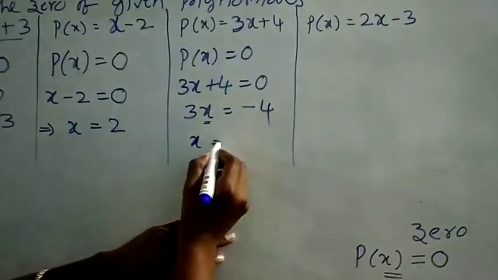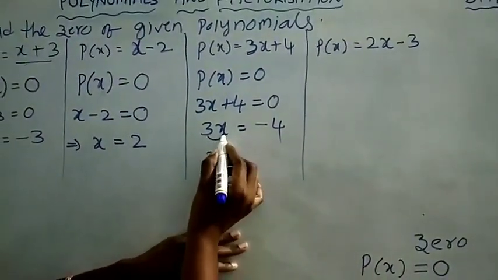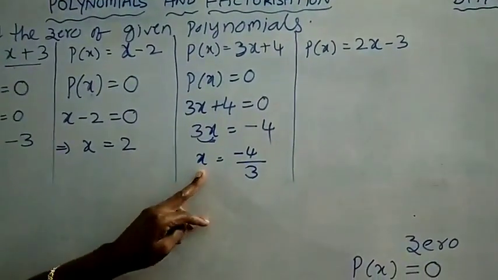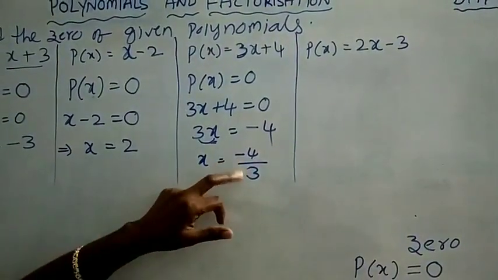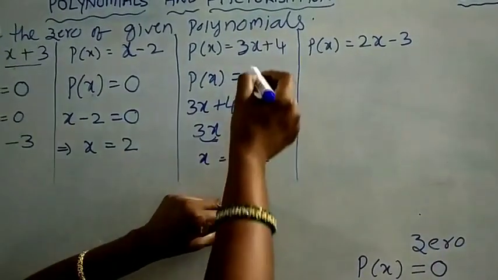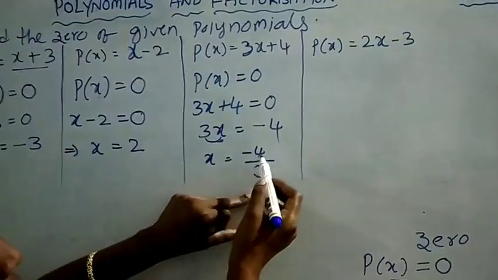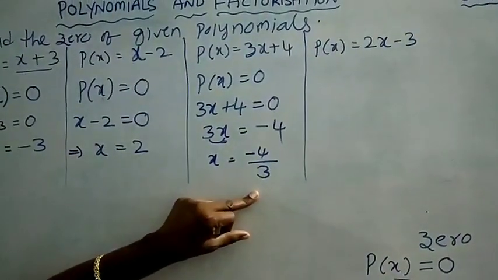From this, 3 is multiplying x here, so transposing to that side, it will be divided. So, x is equal to minus 4 by 3. So, the zero of this polynomial 3x plus 4 is equal to minus 4 by 3.